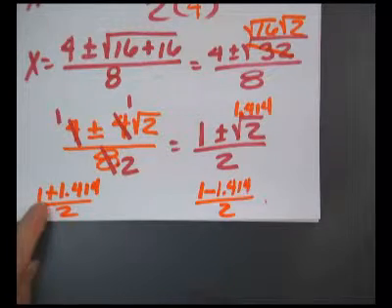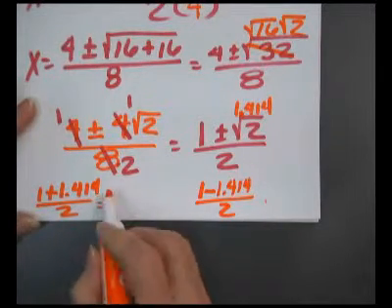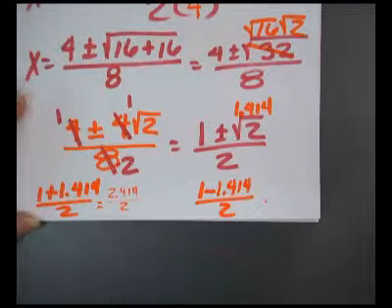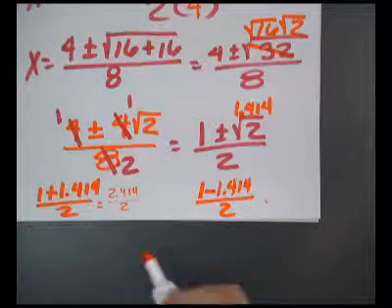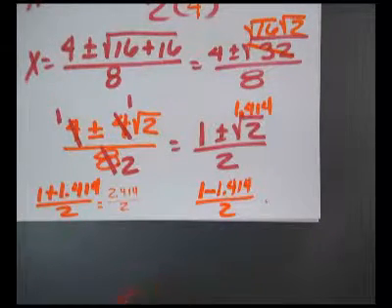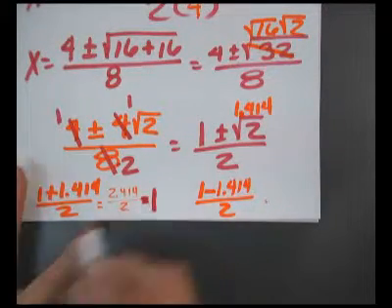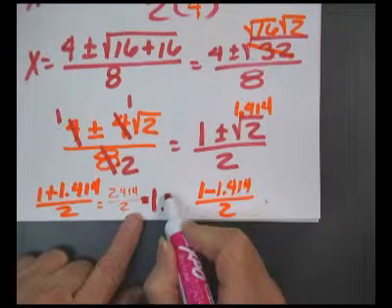Okay, 1 plus 1.414 is 2.414 divided by 2. And what'd you get? 1.207? 1.20, so just put 1.2.